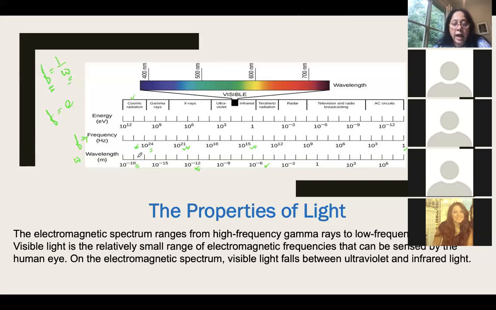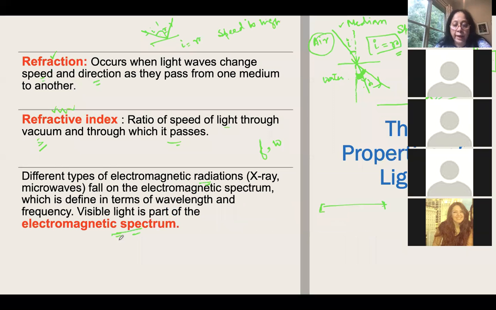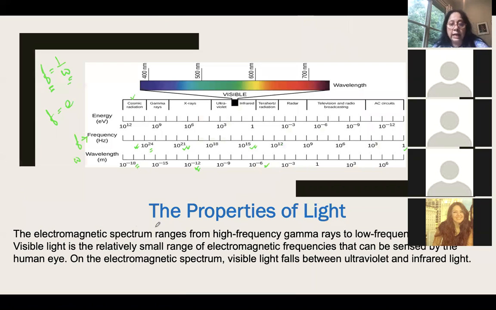All together they make the electromagnetic spectrum. Within this spectrum, the visible light falls almost in the middle.